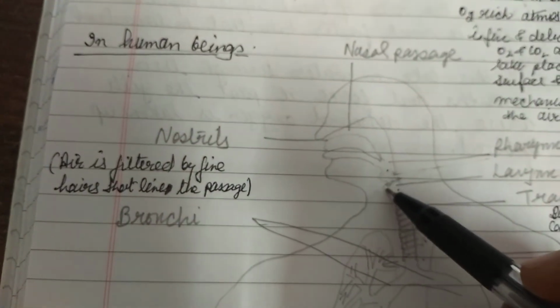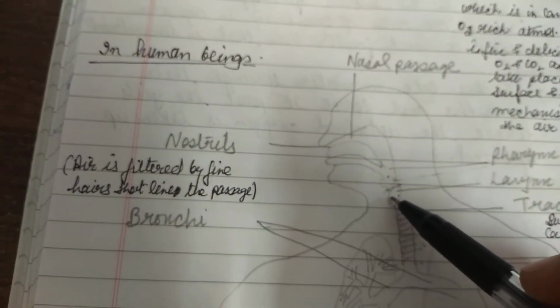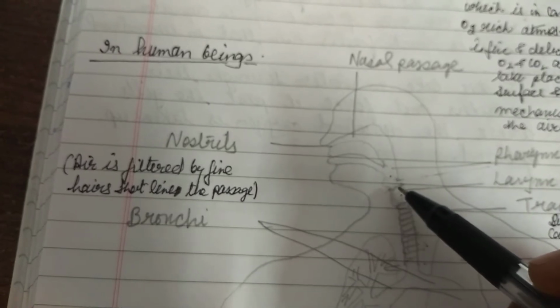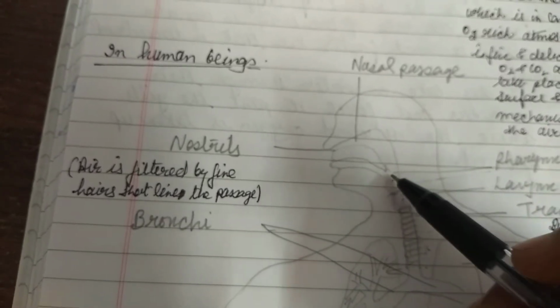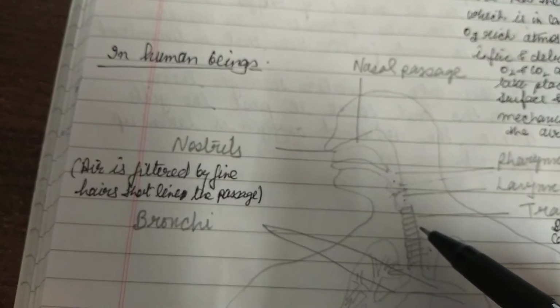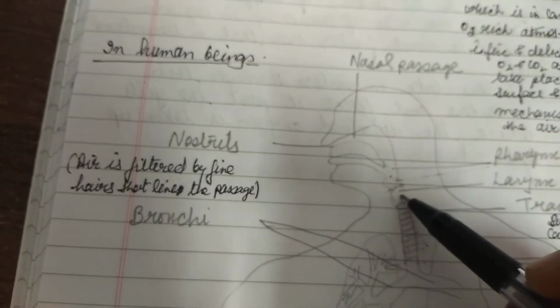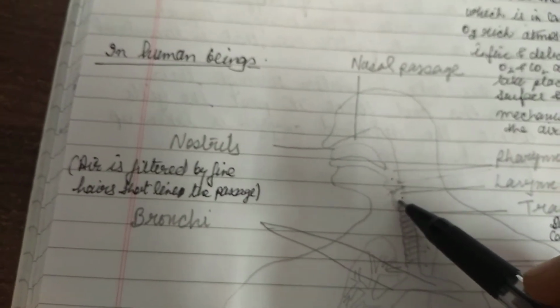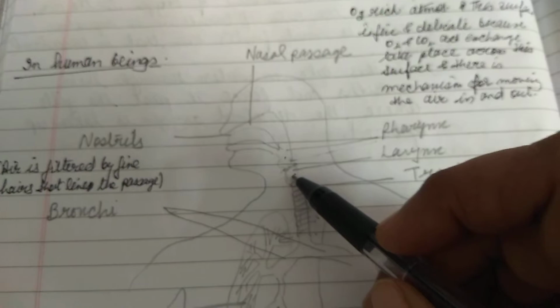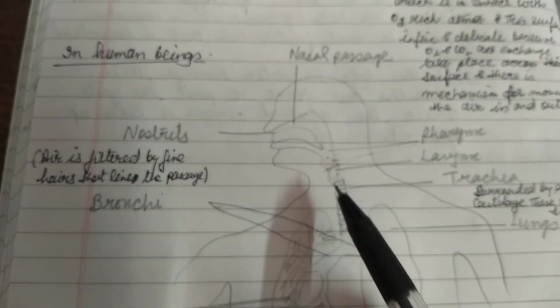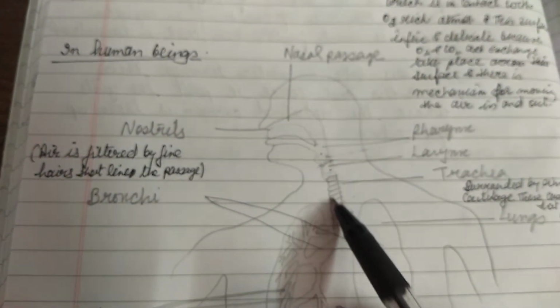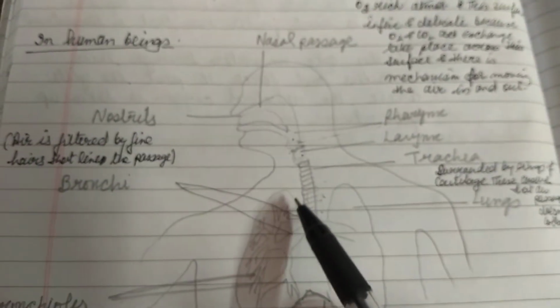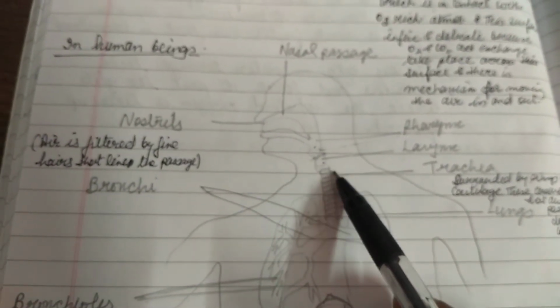The larynx is a hollow tube. It allows the passage of air from the pharynx to the trachea. It contains vocal cords also, which vibrate so that we can speak. That's why it's called the voice box. After that there is the trachea, also called the windpipe. Behind it is the esophagus, the food pipe.